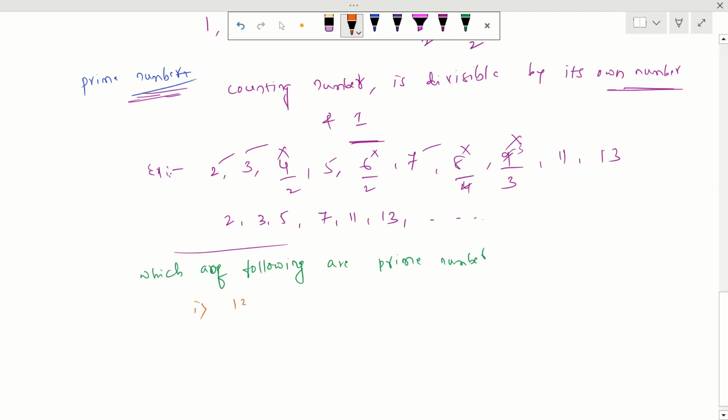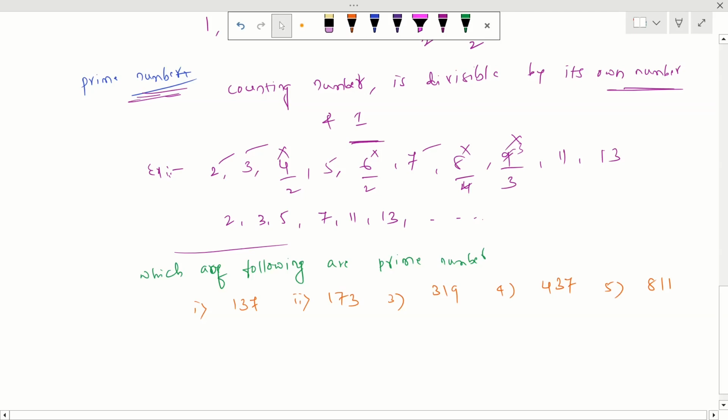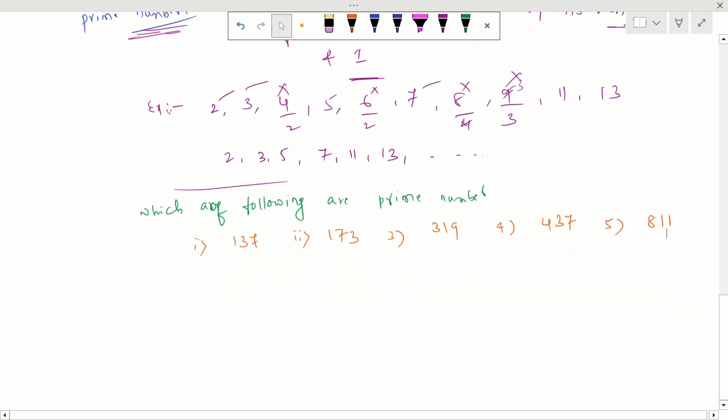We have to check whether each is a prime number or not. 137, 173, the third one is 319, the fourth one is 437, and the fifth one is 811. Usually, is 137 divisible by any other number other than its own number and 1?